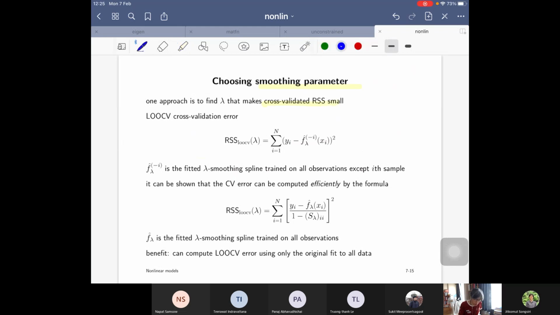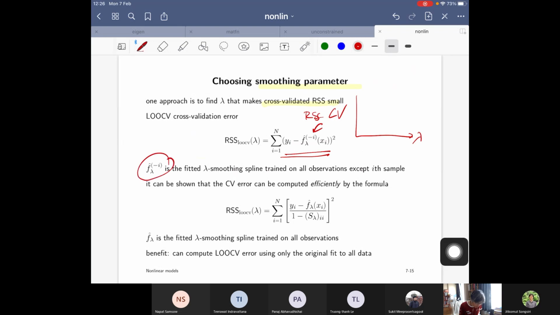Here I give an example. If you do leave-one-out cross-validation, for a given lambda you compute the cross-validation error. Of course, this is nothing but the residual sum of squares.